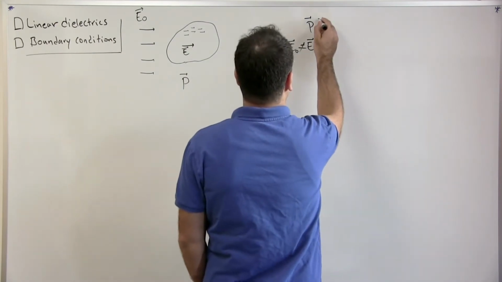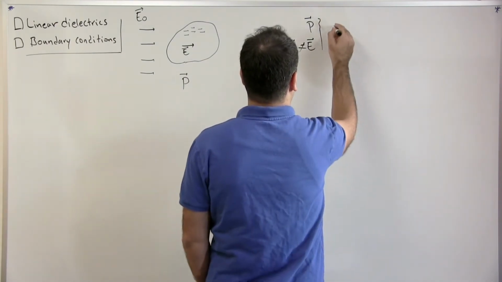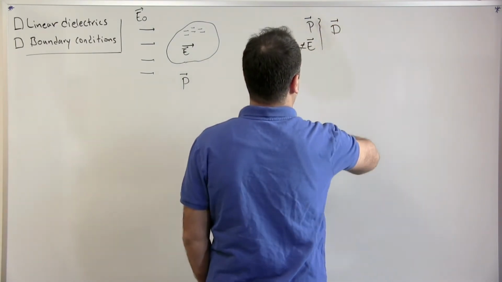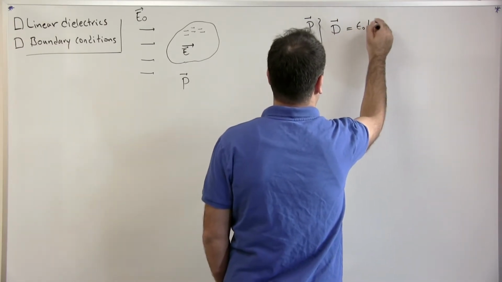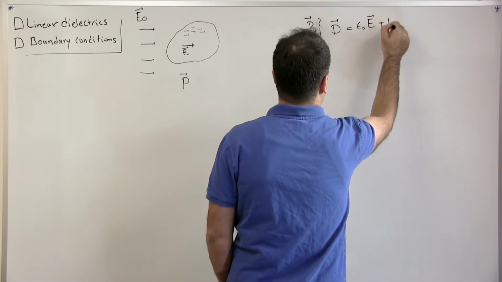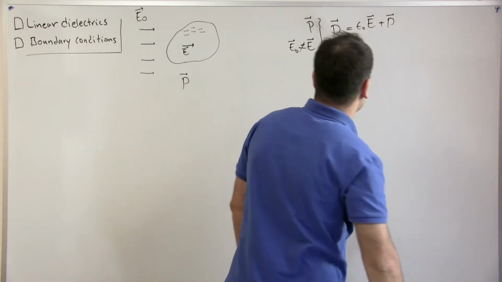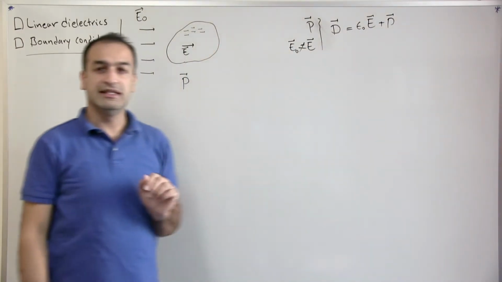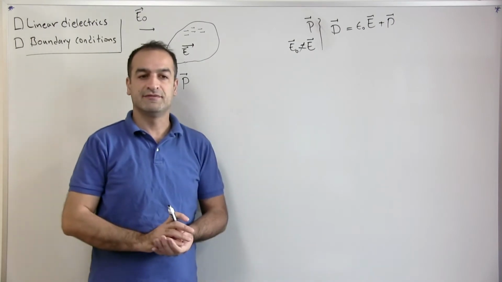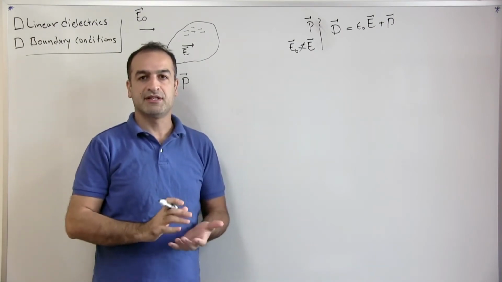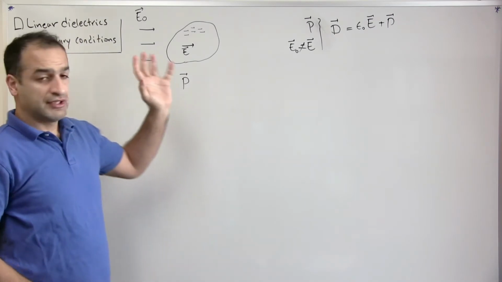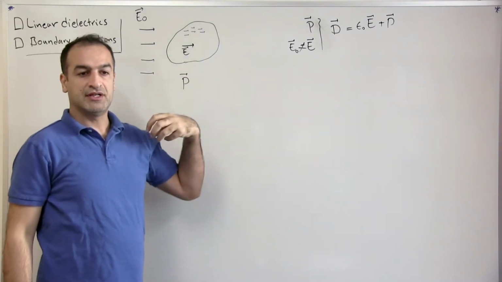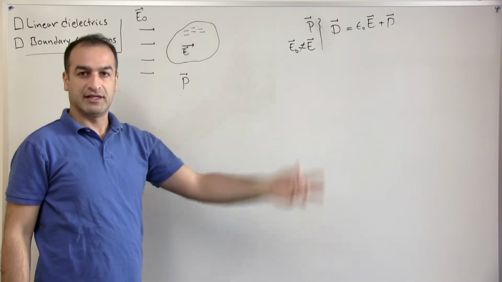So from this P and E, we defined a vector, and we call that electric displacement, which is epsilon naught times E plus polarization. And we said this D, electric displacement, is very useful, especially for cases where you have a charge distribution, and from the charge distribution you are trying to find the electric field.